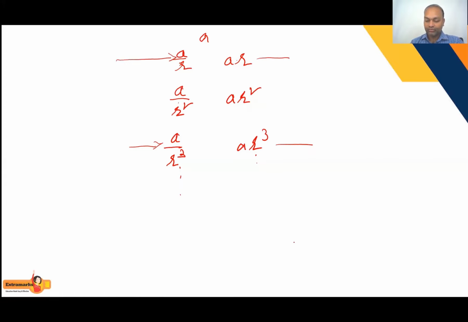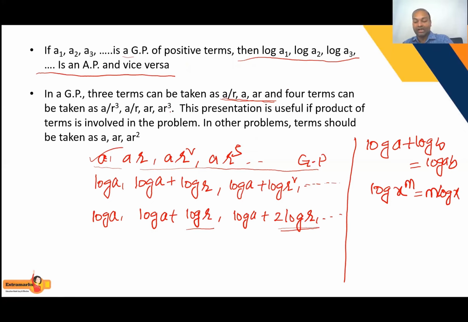See here, A by R cube, A by R, AR, AR cube. So this presentation is useful if the product of the terms is involved in the problem, right? If the product is not there in the question, then you take the terms as A, AR, AR square, and so on.